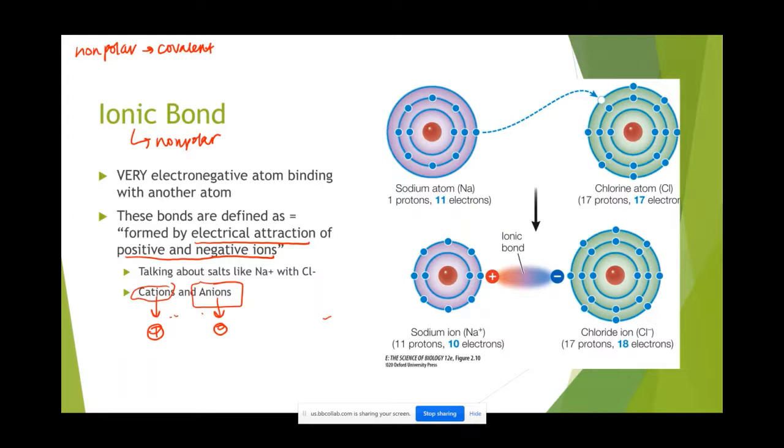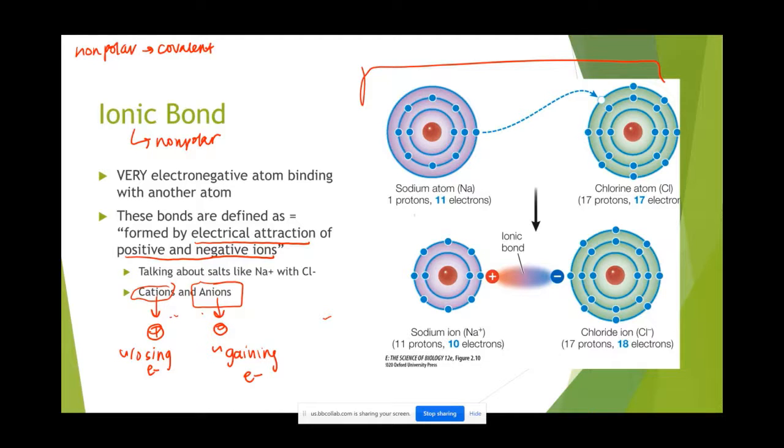I could get into the technical bit: a cation is positive, and it is usually losing electrons. I'm going to write that here. Cations usually lose electrons, and anions usually gain electrons. Does this make sense? Because you can actually see it in this image right here.